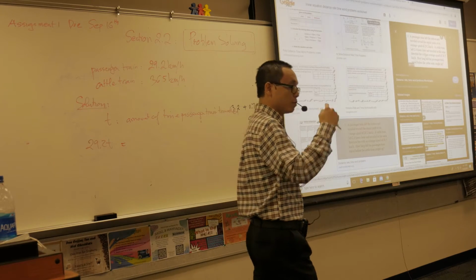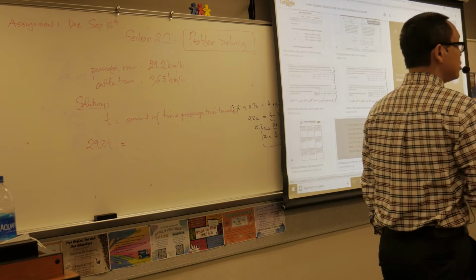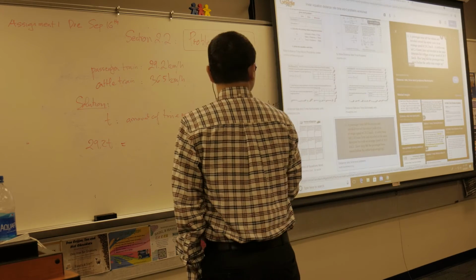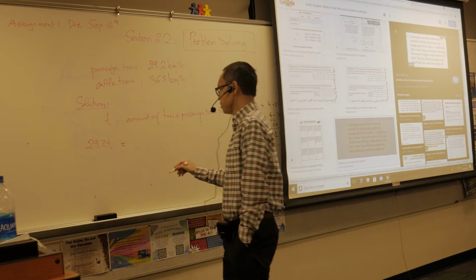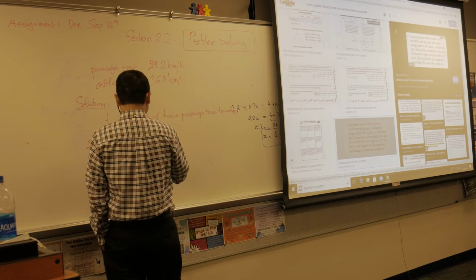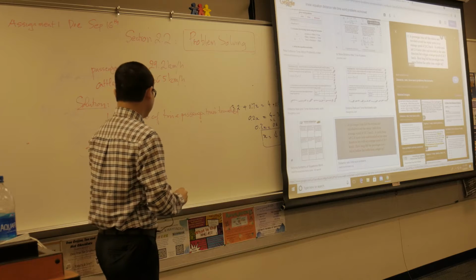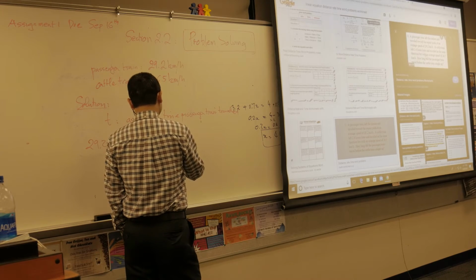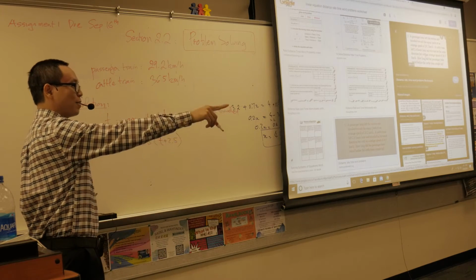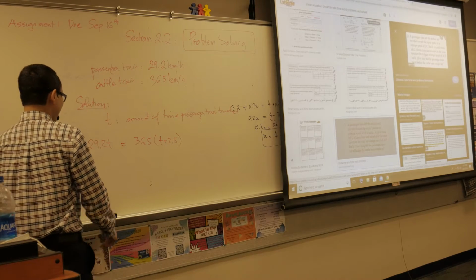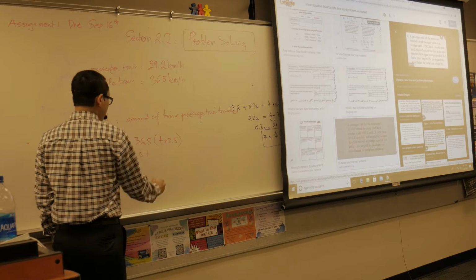It should equal the distance the other train travels. The other one travels at what speed? 36.5, times time, plus 2.4. You're kind of close. Alright, so you have 29.2 t equals 36.5 t.